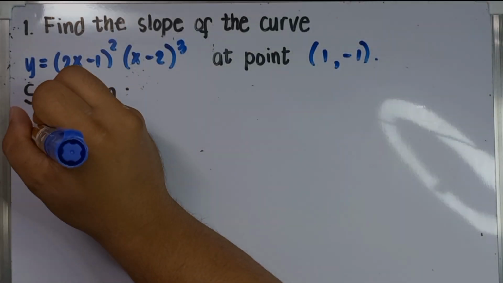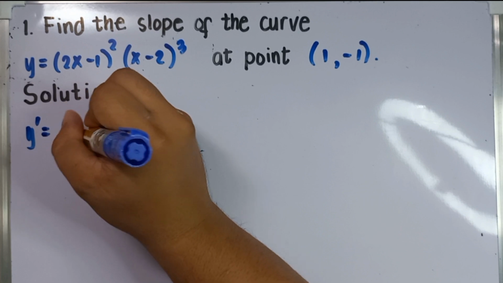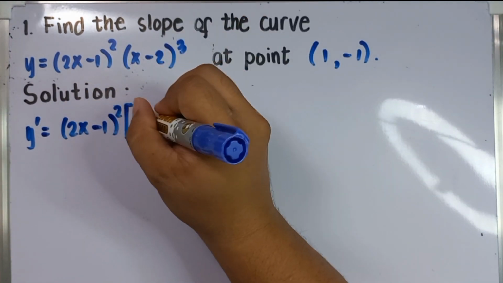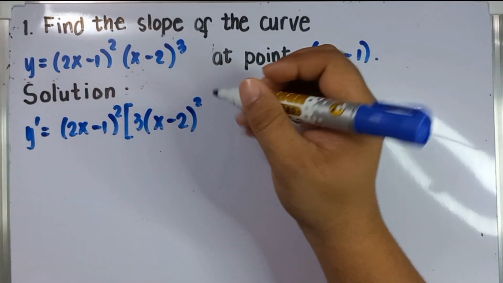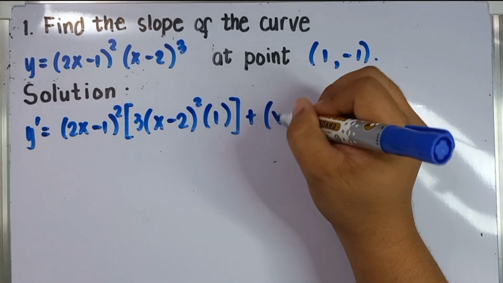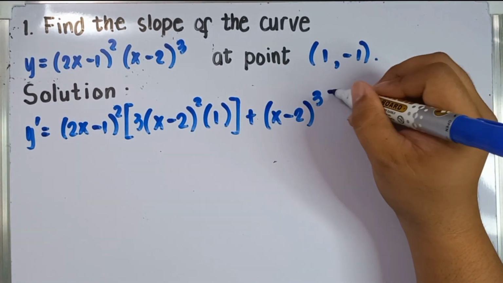For the last problem, y equals quantity of 2x minus 1 squared times the quantity of x minus 2 cubed. Solve for the slope at point 1, negative 1. Differentiate using the product rule.